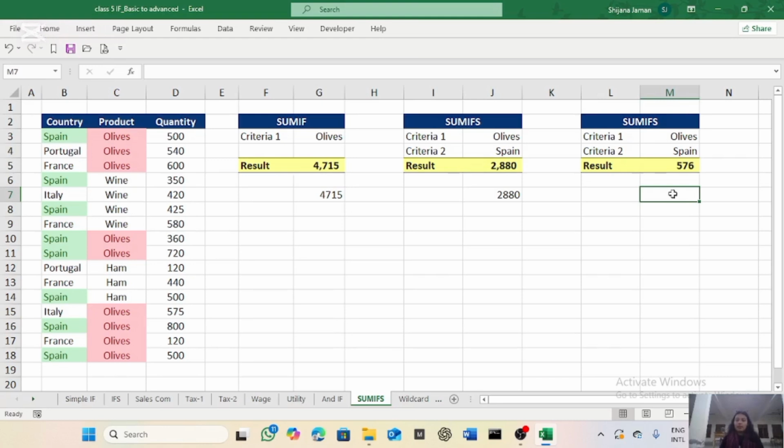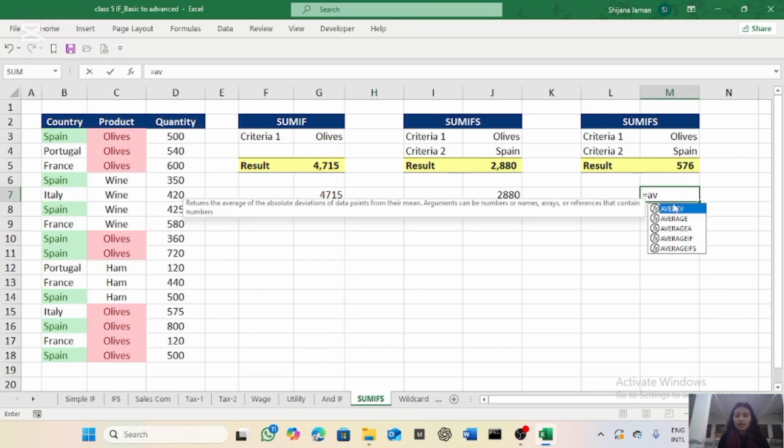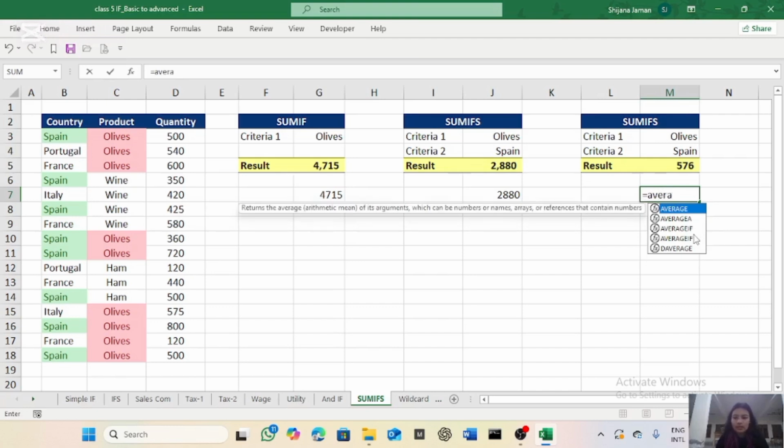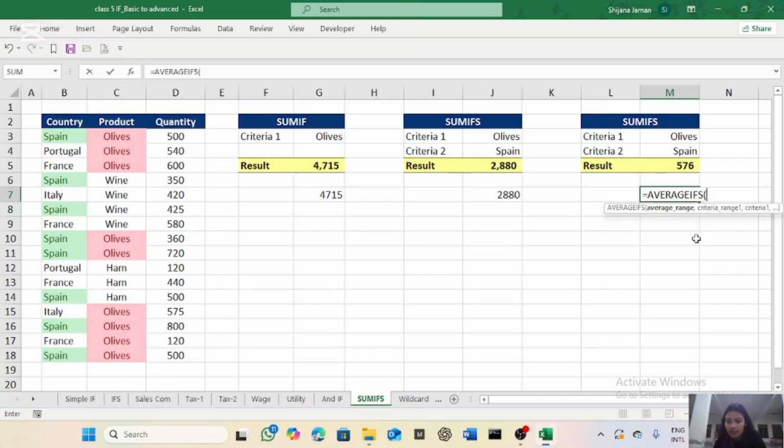And now we are calculating AVERAGEIFS. Equal AVERAGEIFS. Since there are two criteria, that's why we select AVERAGEIFS.